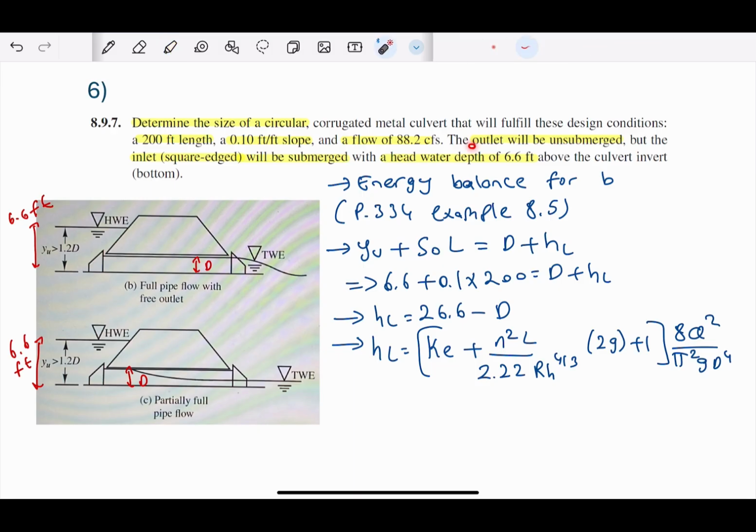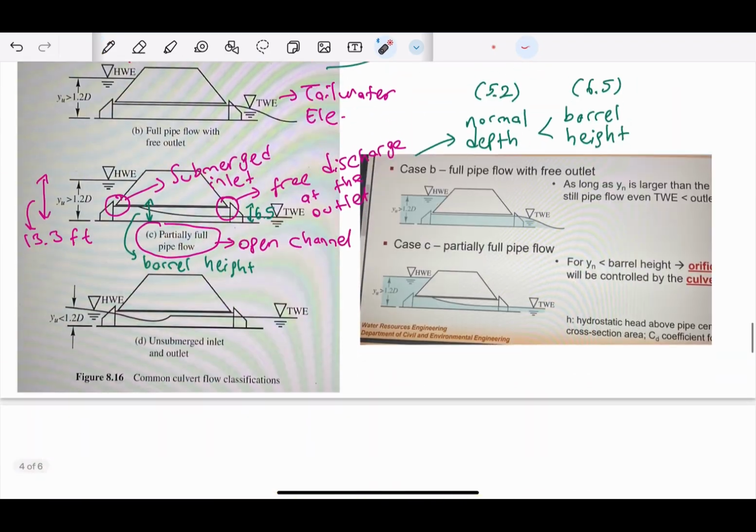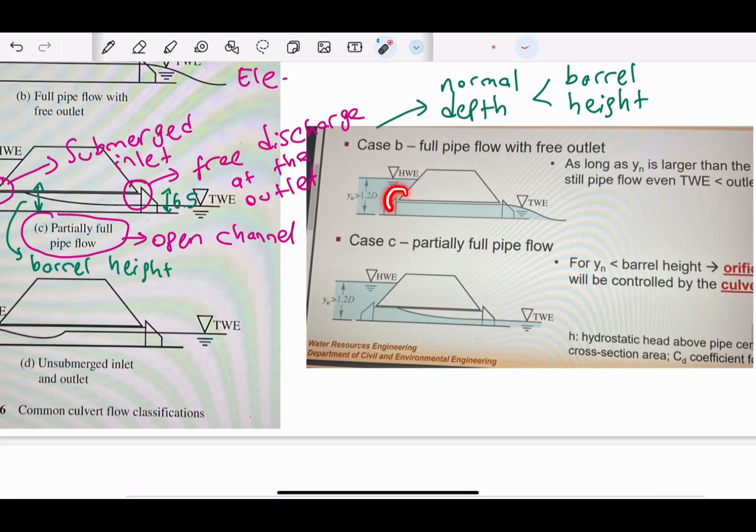So since we should have outlet unsubmerged and inlet submerged, this can be two conditions. It can be either flow classification B or C. And we can actually see that from this figure. As the question says, the inlet is submerged, but the outlet is unsubmerged.